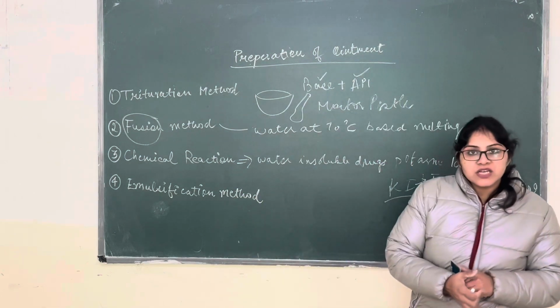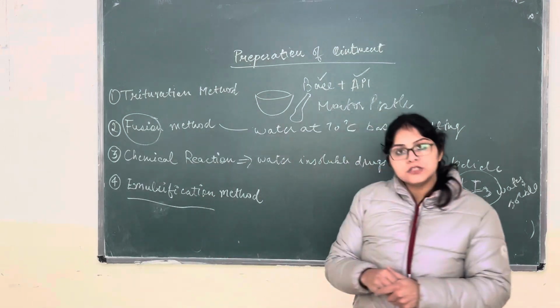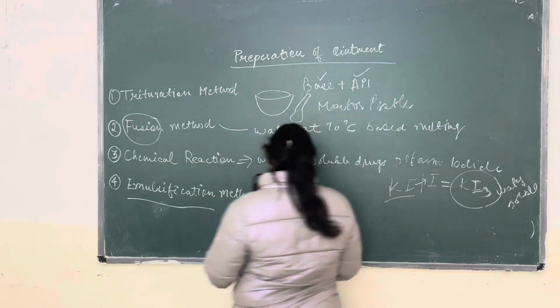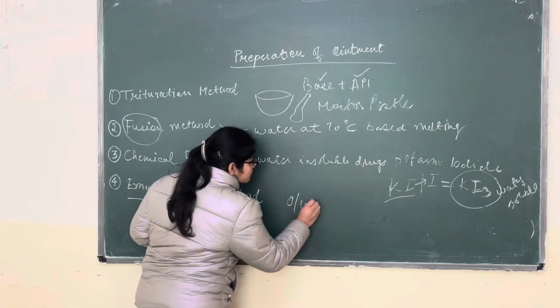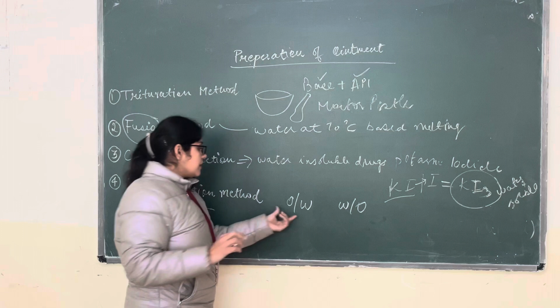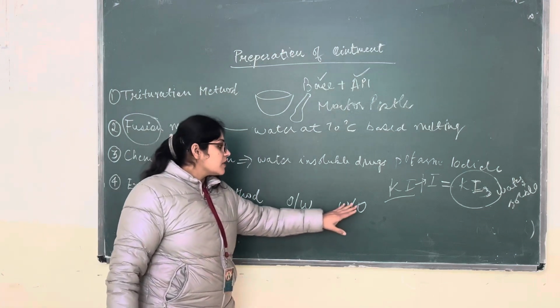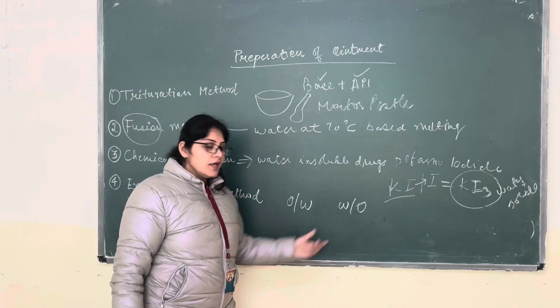Then the emulsification method, as the name indicates, involves emulsion. In this method we can use oil in water emulsion and also water in oil emulsion, meaning oil is present in a large quantity of water, or water is present in a large quantity of oil.